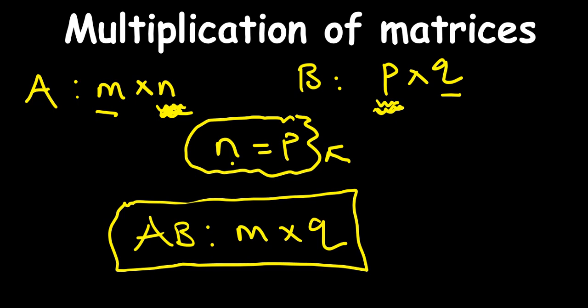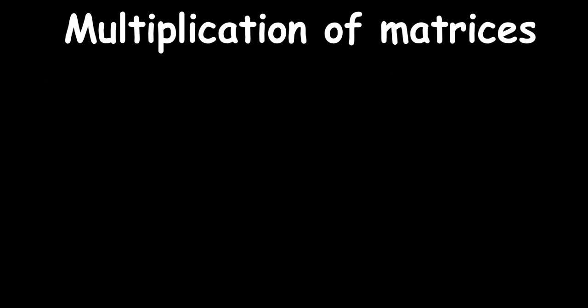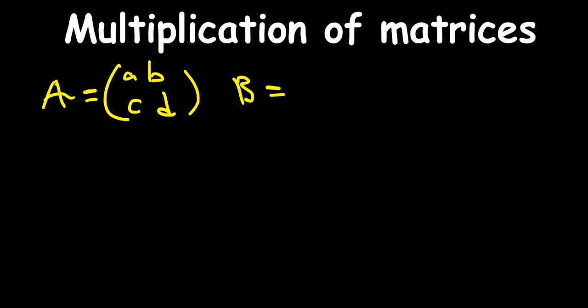So let's give an example. Let me draw up two matrices there, just arbitrary matrices. Let's say A is the matrix with rows a, b and c, d, and the matrix B is equal to e, f and then g, h here.